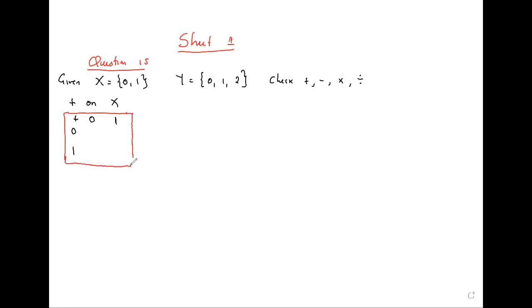We're using plus here, so 0 plus 0, we're now adding. These are normal operations. When they say plus, you add. So 0 plus 0, we get 0. 0 plus 1, we get 1. 1 plus 0, we get 1. 1 plus 1, we get 2.